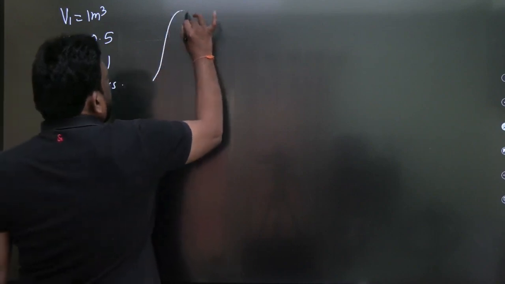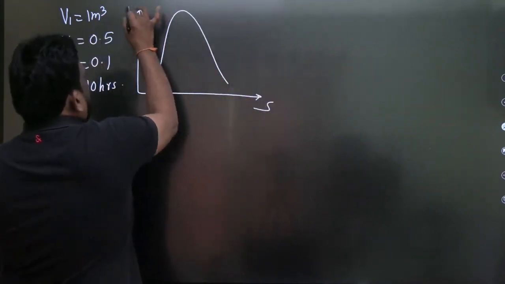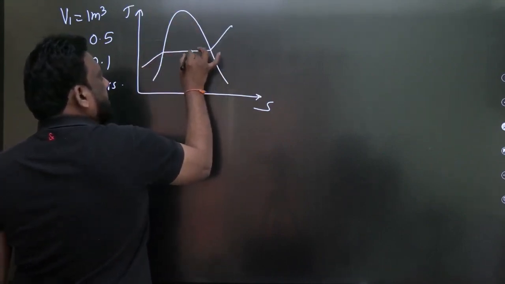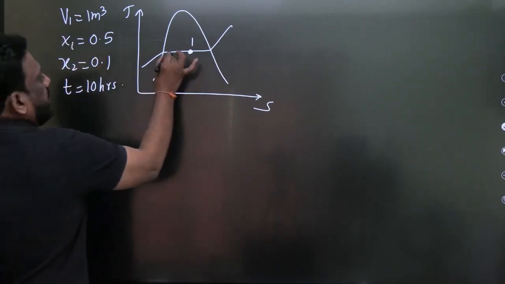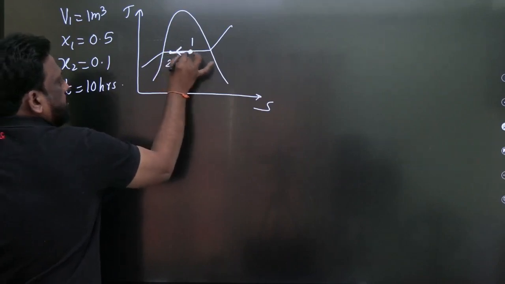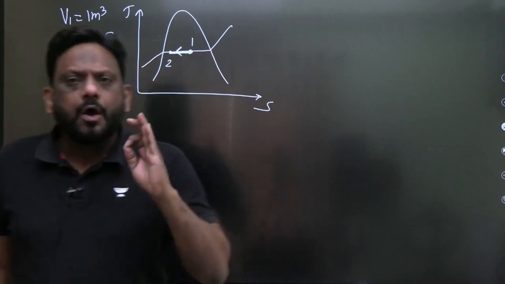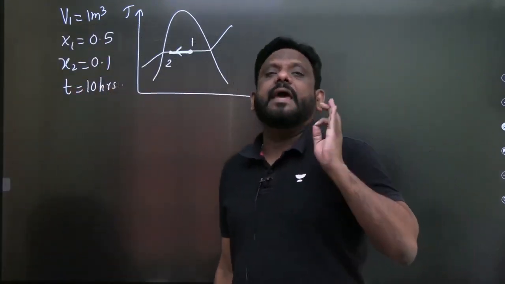If I plot the diagram on T-s, observe clearly, it is a constant pressure process. The initial dryness fraction is 0.5 and the final dryness fraction is 0.1, because he said it is isobaric. And you know, in a constant pressure process, heat transfer is equal to change in enthalpy.